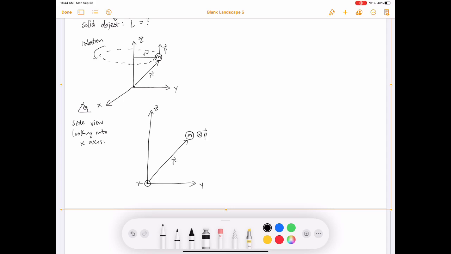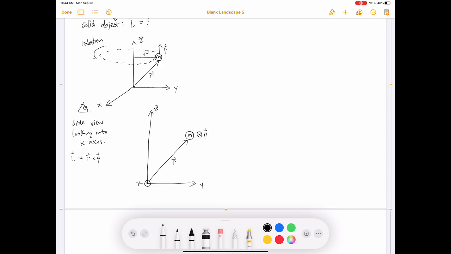Okay, we have to be kind of careful now. Remember, L is equal to r cross p, right? Well, if we use the right-hand rule to figure out the direction of the L vector, I'm going to point my fingers in the direction of r, and then I'm going to curl those fingers in the direction of p using my right hand.